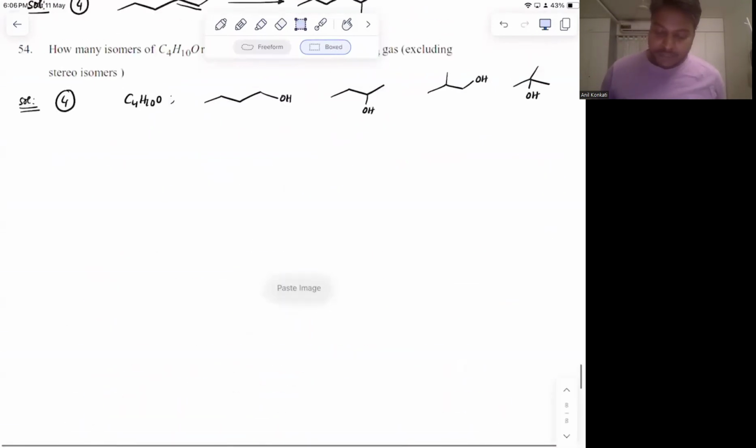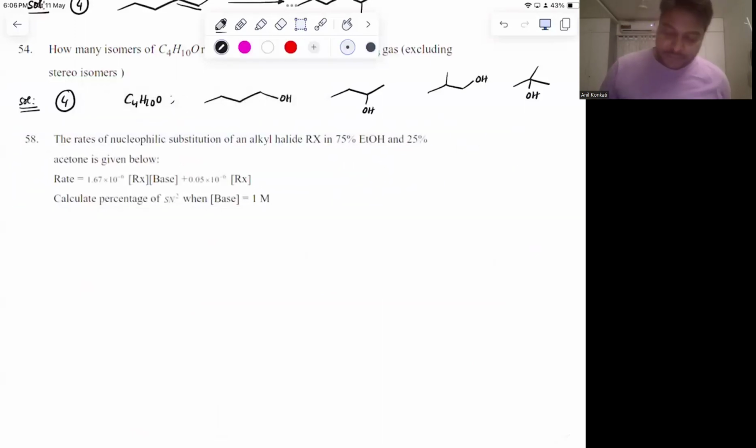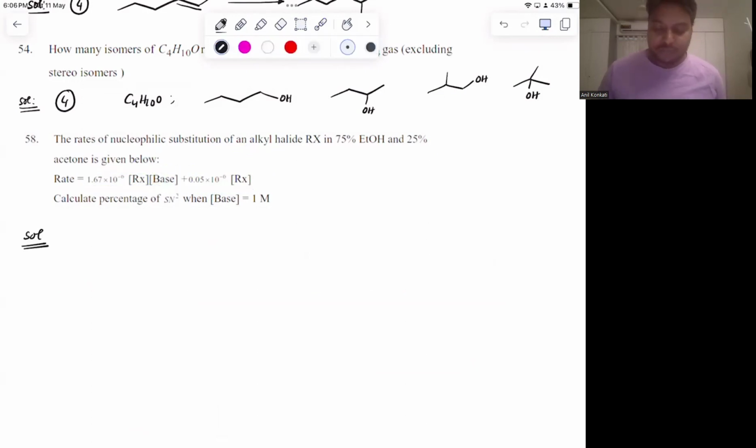What is the percentage amount of SN2 here? Okay. So you would notice that this part of the rate is because of SN2 and this part of the rate is because of SN1. And overall rate is SN1 plus SN2. So it is a parallel reaction that Rx is a reactant.